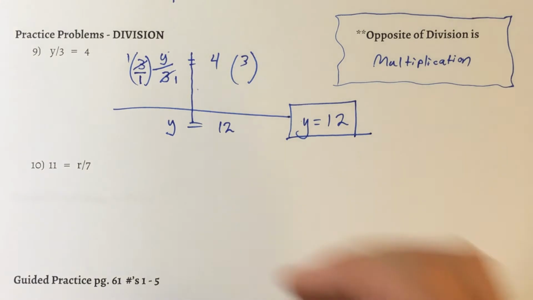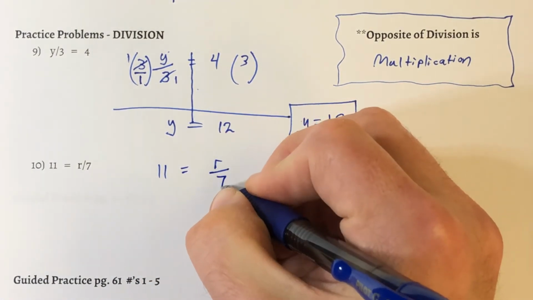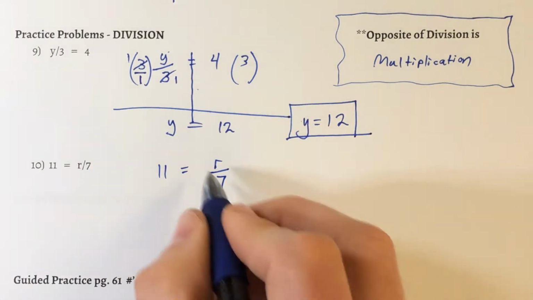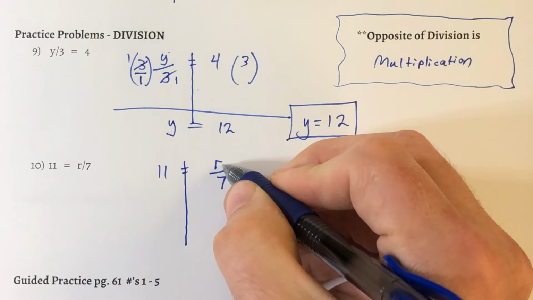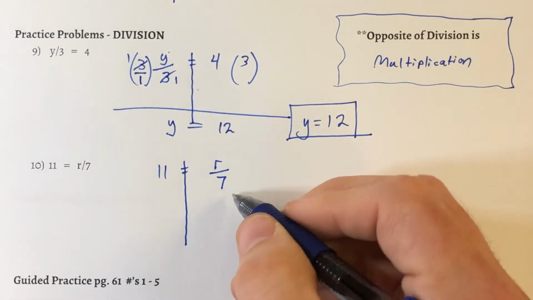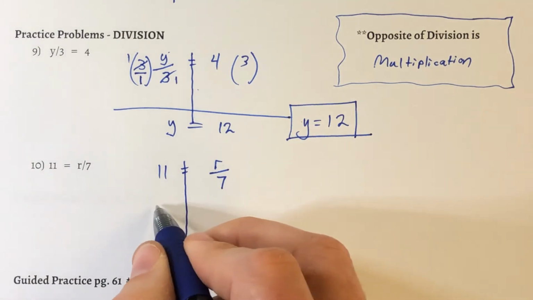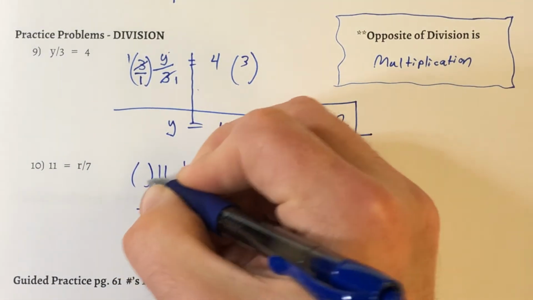Next example, we have 11 equals r divided by 7. What do I want? I want to get the r by itself. So what needs to go away? The 7, or the divide by 7. So what's the opposite of divide by 7? Multiply by 7. What you do to one side, do to the other.